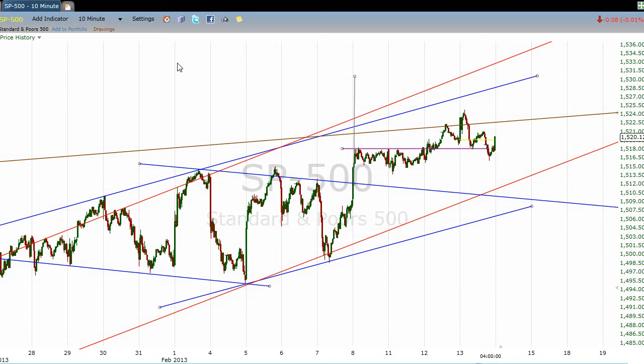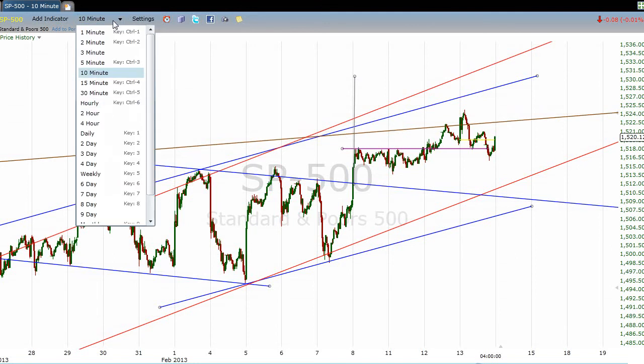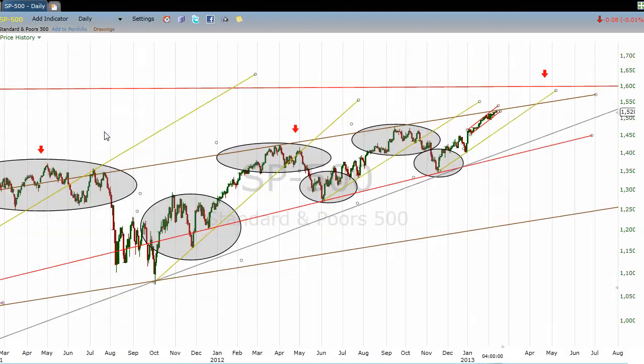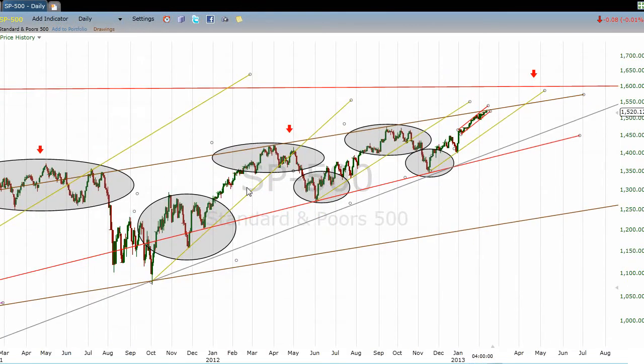But we got one thing that I think is running interference here, and this is this brown line. If we go to a daily chart, you can see that the brown line has two touches on two fairly major intermediate tops. Each one of these tops, by the way, we thankfully were able to call.